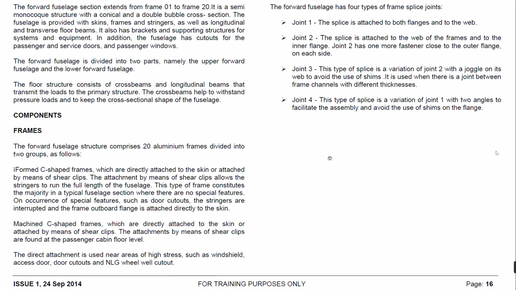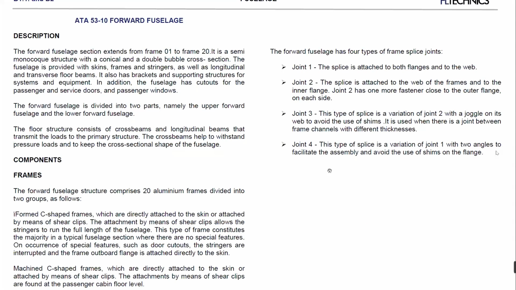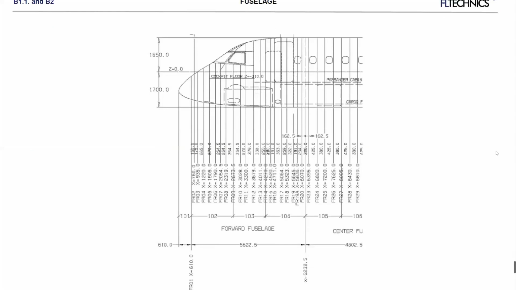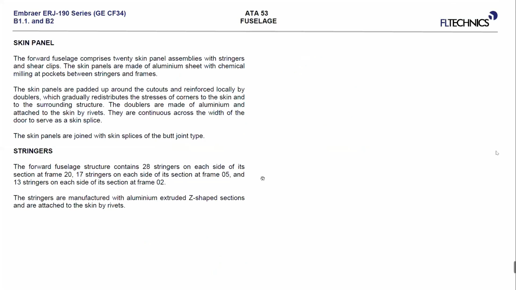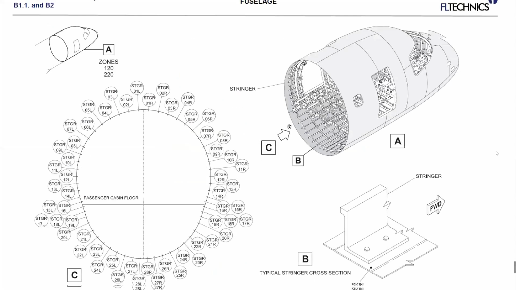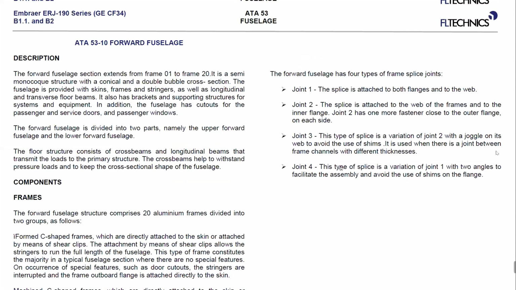Okay, I'm sorry. So the forward fuselage has 4 types of splice joints. They have some structural differences, of course, and have a look. Okay, so we have just 4 different types of joints, with different splices.